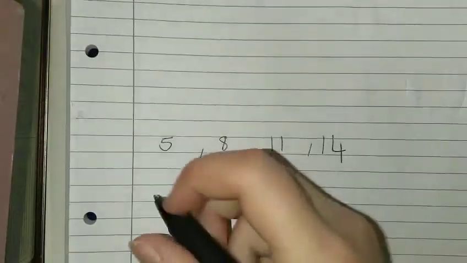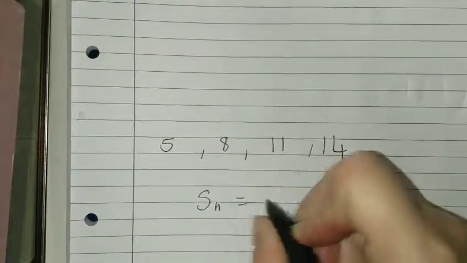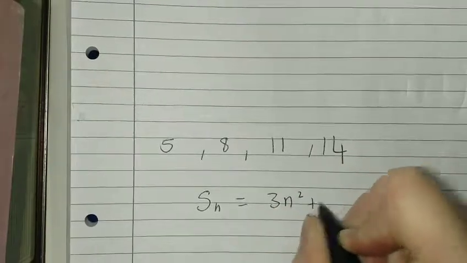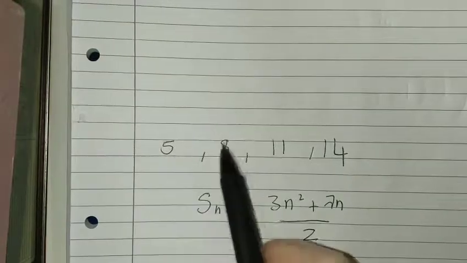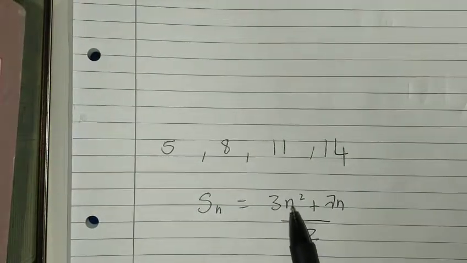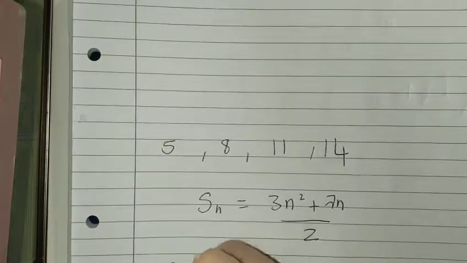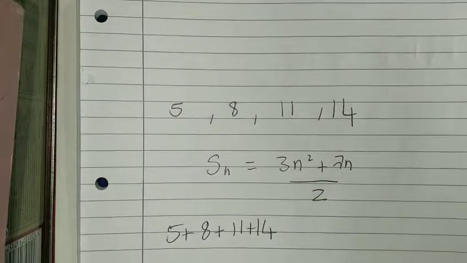The formula to get the sum of everything is Sn is 3n squared plus 7n over 2. If I want to add the first 4 together, I just have to let n equal 4, and that would get 5 plus 8 plus 11 plus 14, and add them together for me.